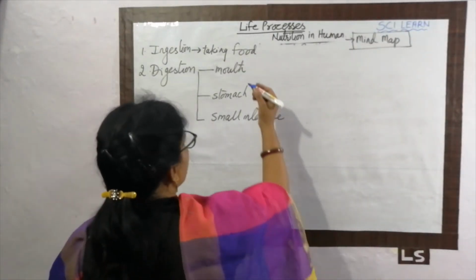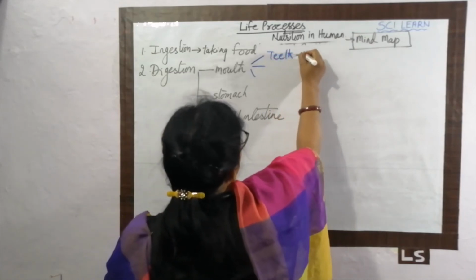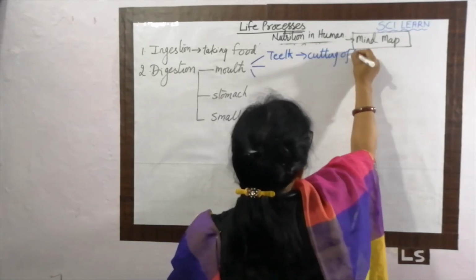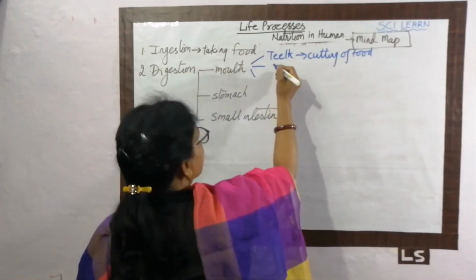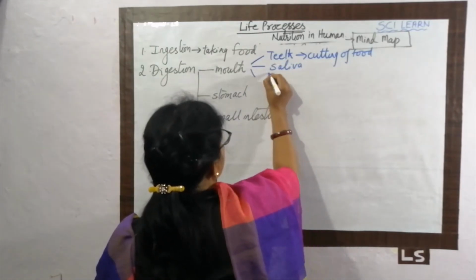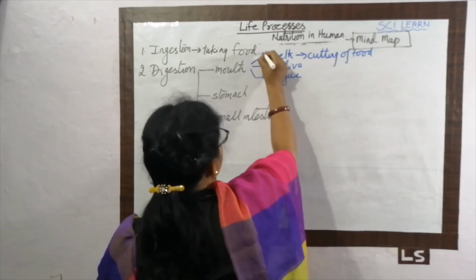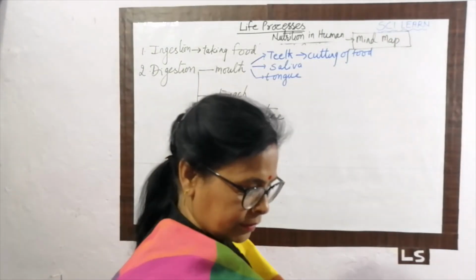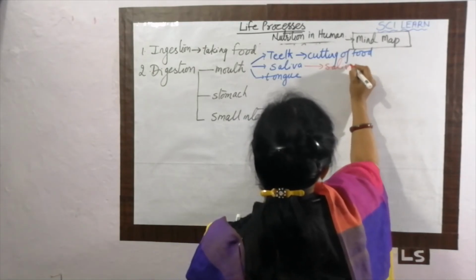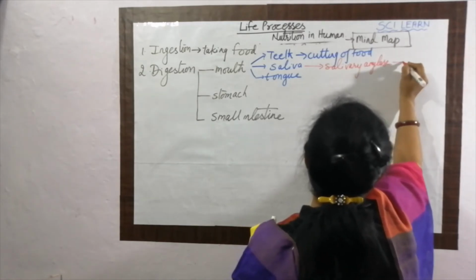Okay. Now, what happened here? In the mouth, there are 3 parts. One is called teeth. What is the role? Cutting food into small pieces. Then saliva, and third is the tongue. Saliva. What is the role of saliva? It contains salivary amylase. And what is the role of salivary amylase?